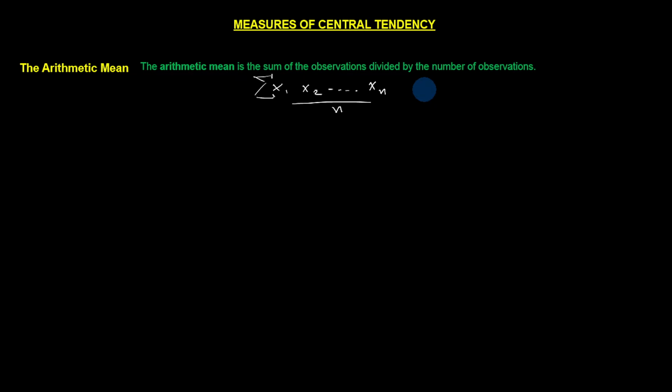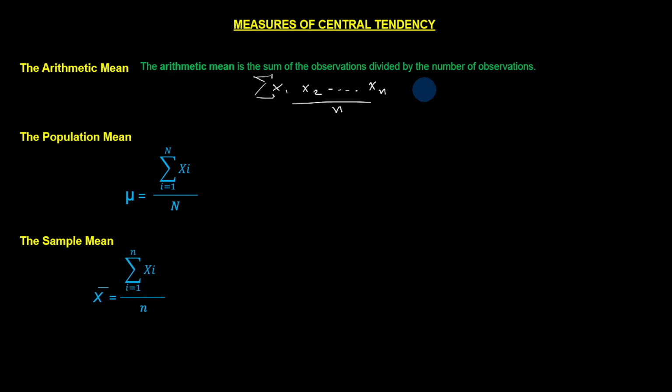Everybody knows that. Now, hopefully, if you can recall, I was talking about the population and sample before, and we can compute the arithmetic mean for both populations and samples, known as the population mean and sample mean. This is the formula for the population mean, and this is the formula for the sample mean.